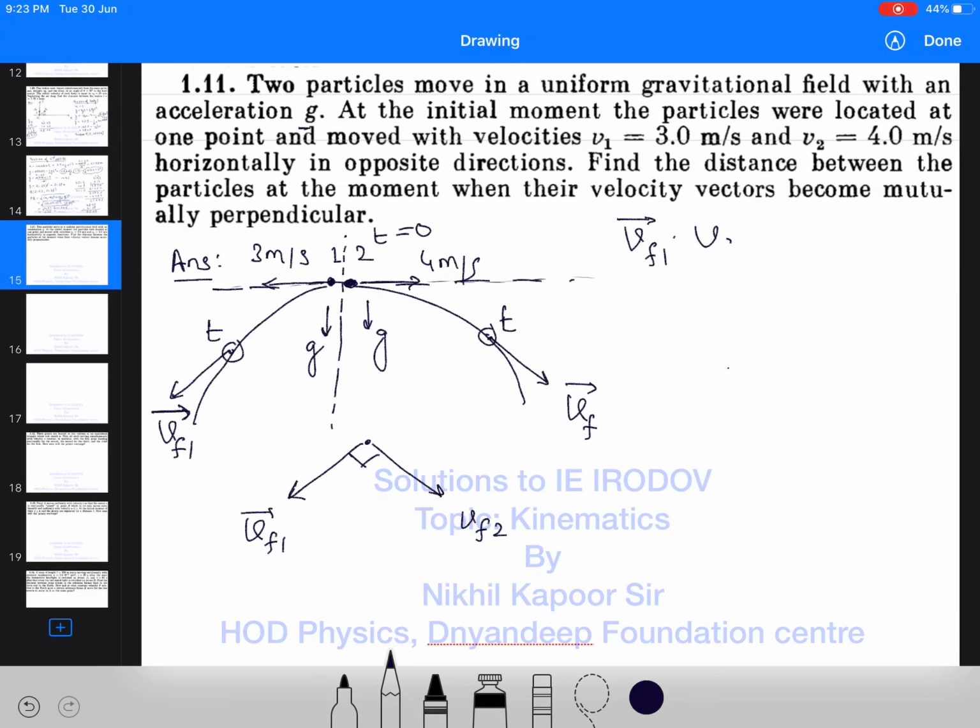So when two vectors are perpendicular to each other, their dot product will be equal to 0. Now we know the two components of velocity. The x component is minus 3 i cap, and for the y component, the initial velocity in y direction is 0, because they have initial velocity only in the x direction.